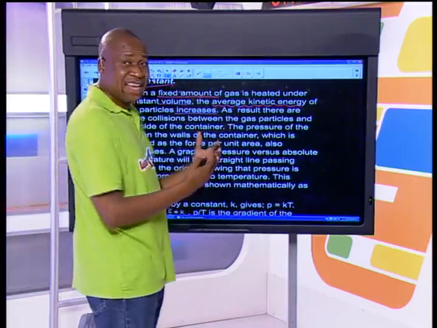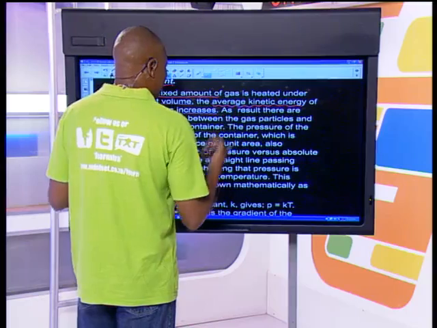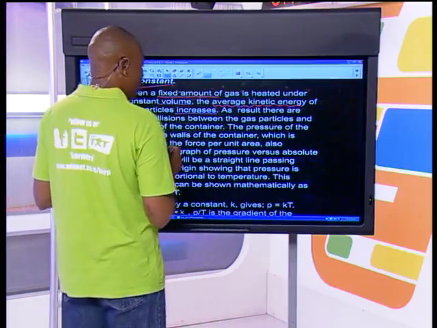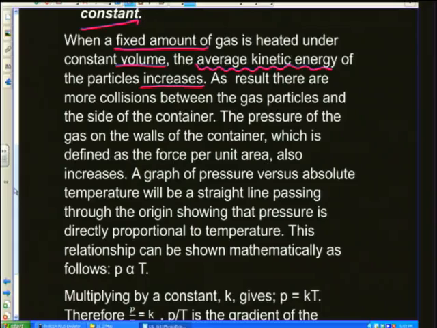So when you heat the gas molecules, the temperature of the gas is going to increase. As a result, there are more collisions between the gas particles, as well as between the side of the container and the gas particles. The pressure of the gas on the walls of the container, which is defined as the force per unit area, would also increase.